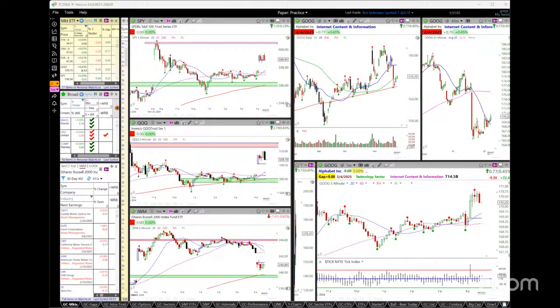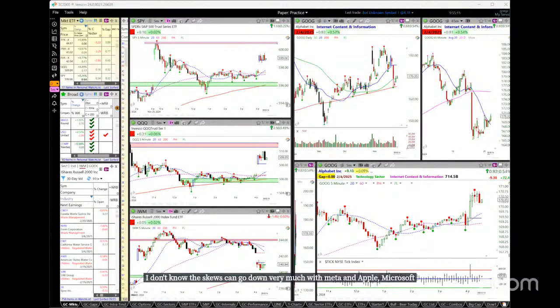Pretty potent reversals on the 5 minute. Qs and S&P, but I don't know, those Qs can't go down very much with Meta and Apple, Microsoft, and Google acting pretty decent.